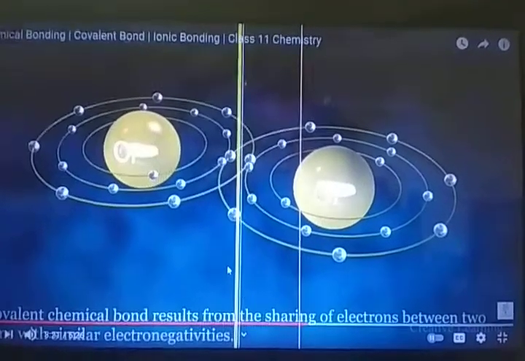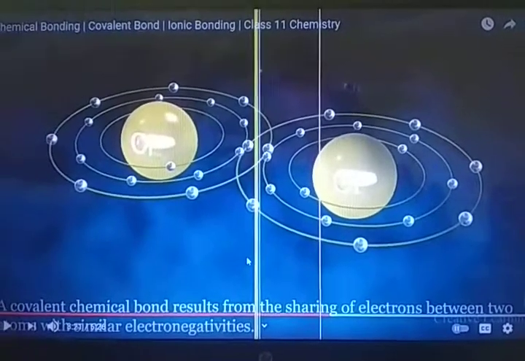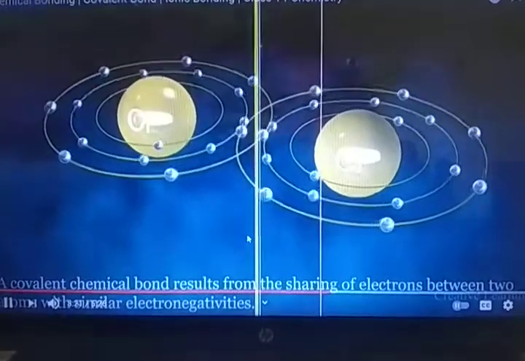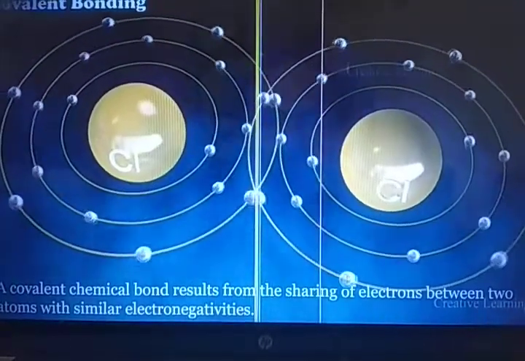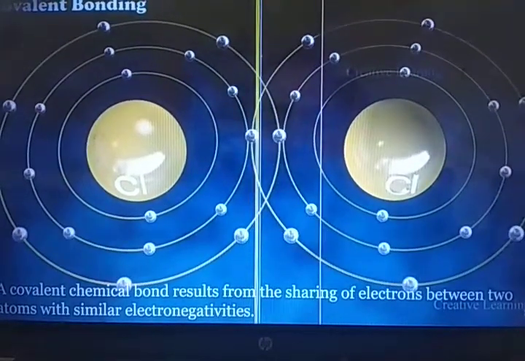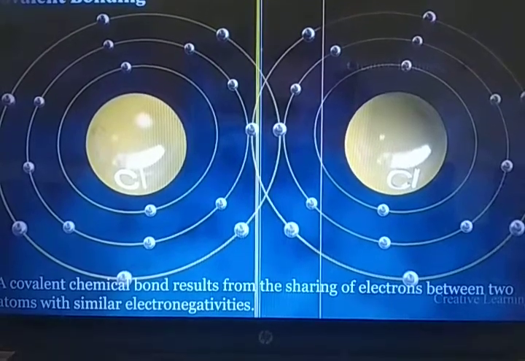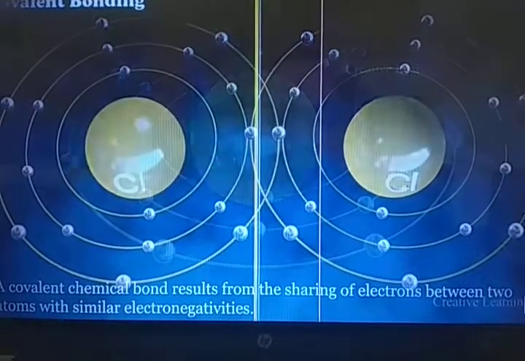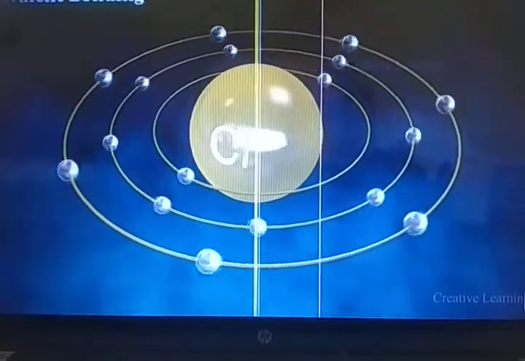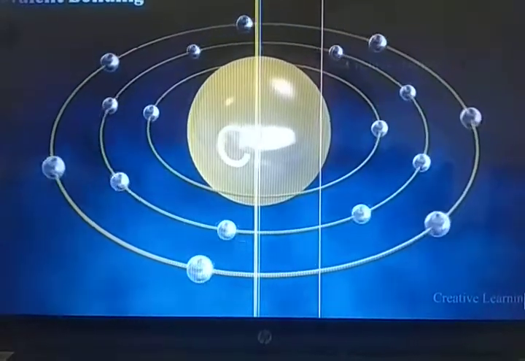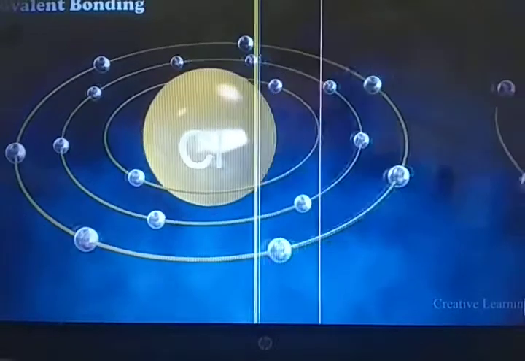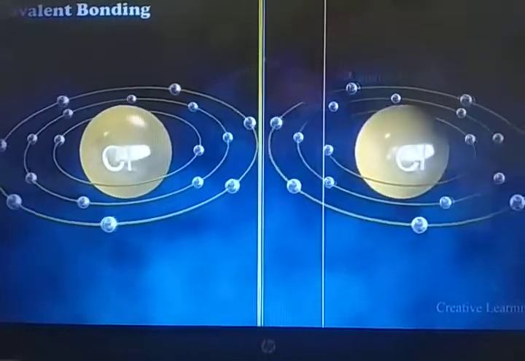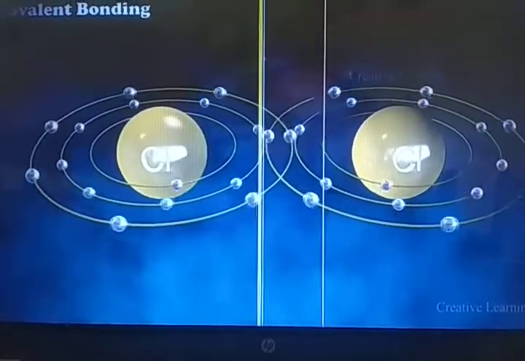Here we can take an example of chlorine. Chlorine has 2, 8, 7. We know that. If you watch carefully here, with two chlorine atoms, the electronic configuration is K shell 2, L shell 8 and M shell has 7 only.